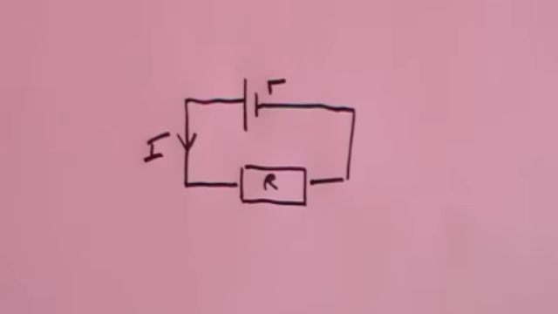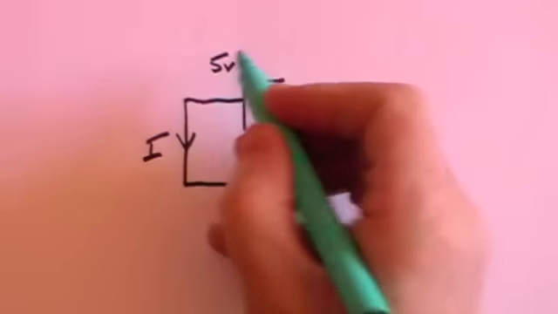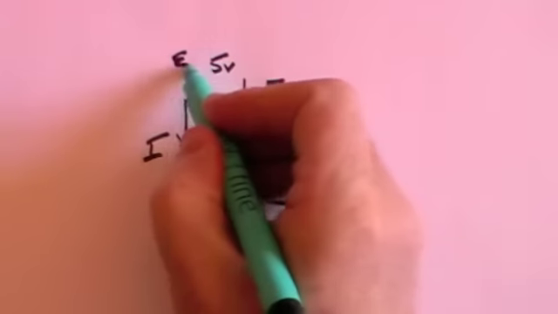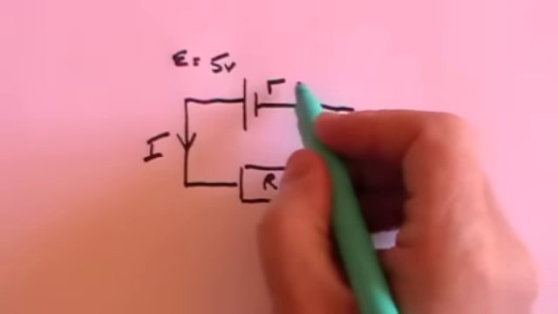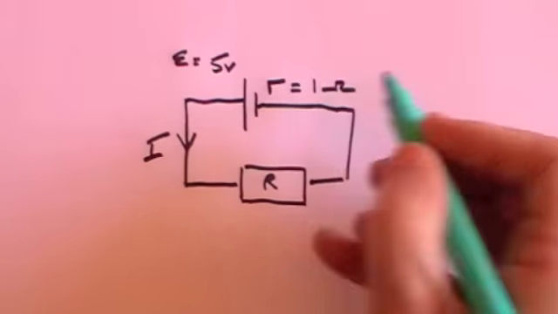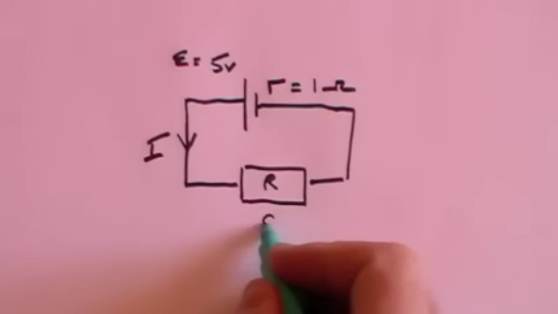And now I'm going to give values to these resistors. Let's say that the battery, the EMF, that's E, is 5 volts. The inherent voltage of the battery, 5 volts. The resistance of the battery is 1 ohm, and R, the main resistance, is 9 ohms.